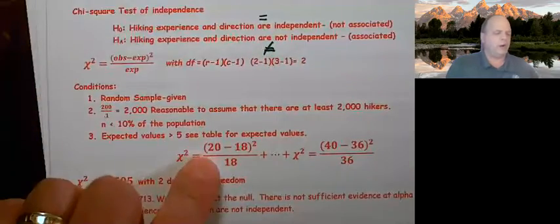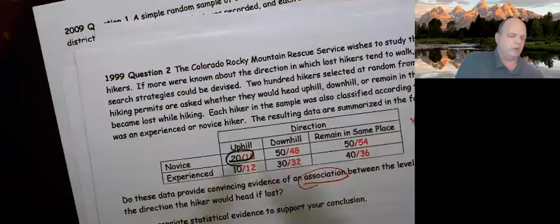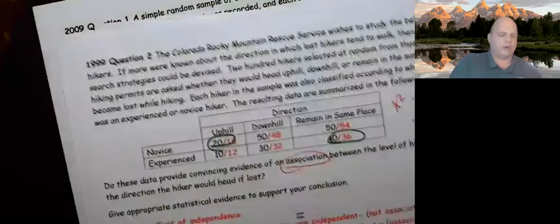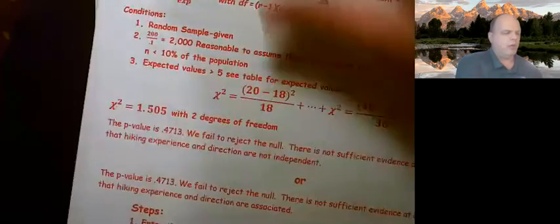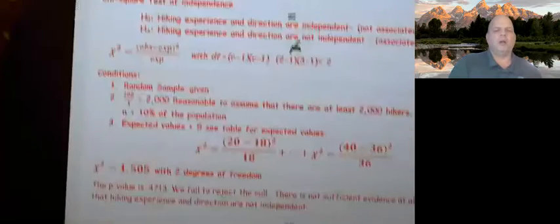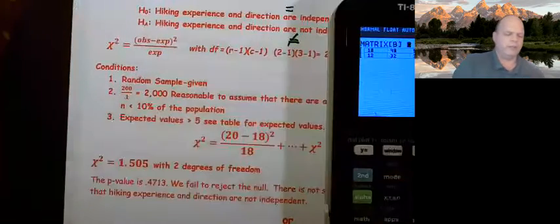We need to make sure our first and the last. This is the first one. This is the last one. So 20 minus 18 squared divided by 18, 40 minus 36 squared divided by 36. And once again, I'll run this again real quickly.